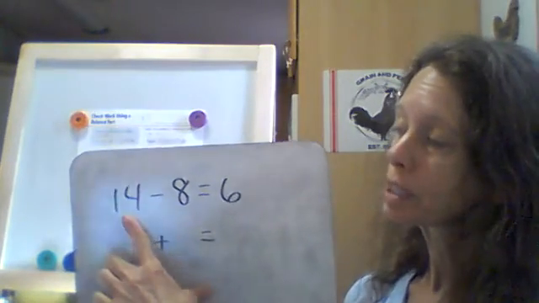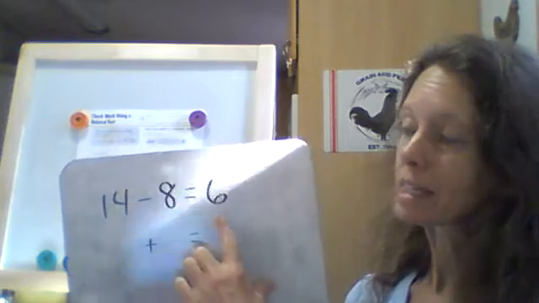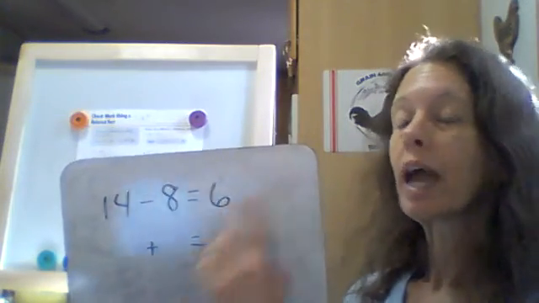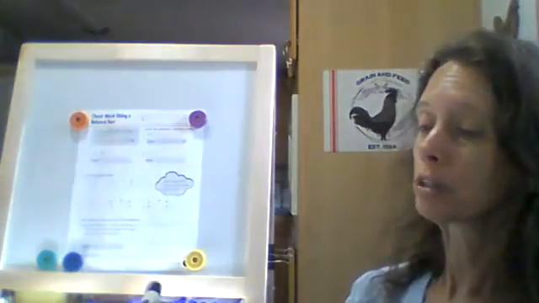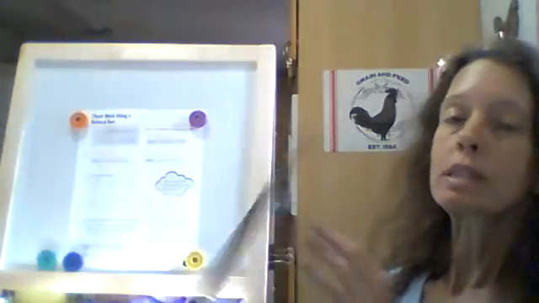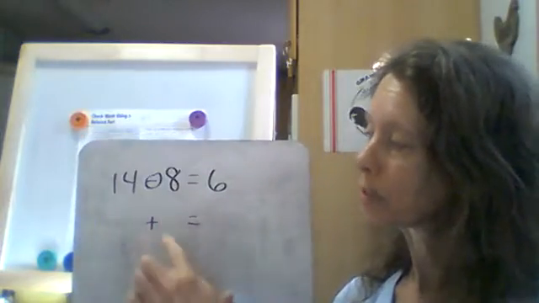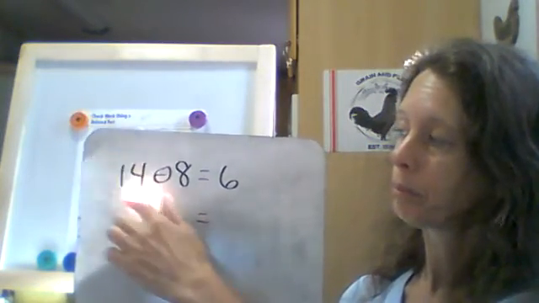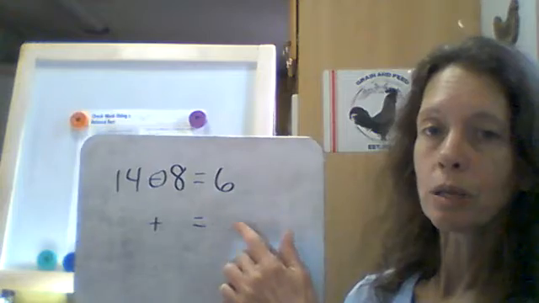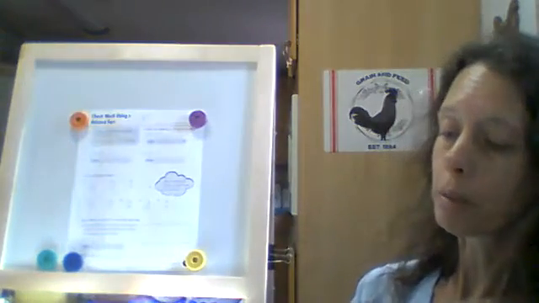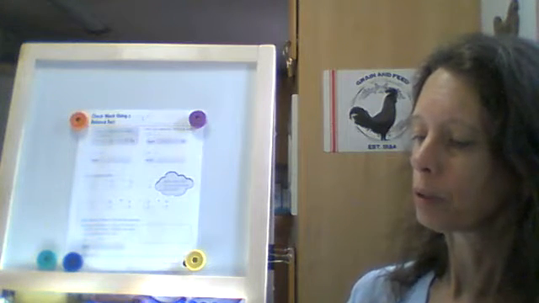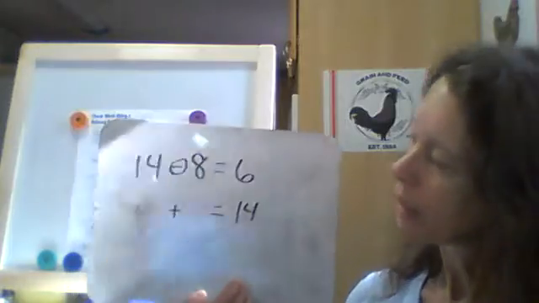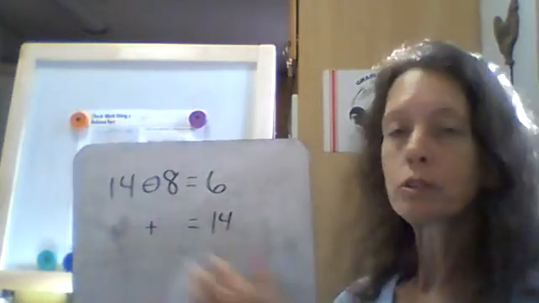If 14, 8, and 6 are your numbers, and the big number is in front in subtraction, where is that 14 going to go in my addition problem? Remember, in addition the big number is last. So your big number is going to go last. Now all you have to do is fill your other two numbers in.